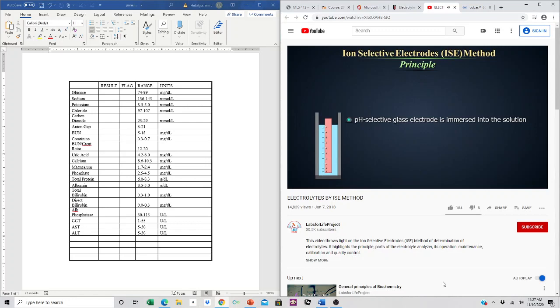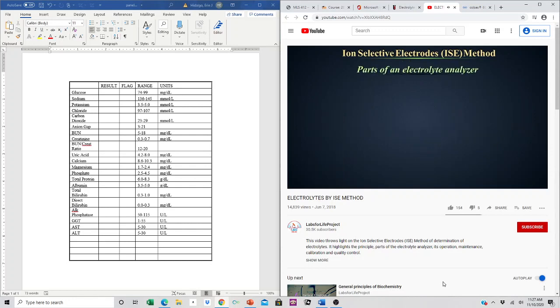When the ion-selective electrode is immersed into the solution, a potential difference develops between the inner and outer layers of the membrane of the electrode, which is related to the ionic concentrations of the solution. The voltage is theoretically dependent on the logarithm of ionic activity, according to the Nernst equation. Parts of an electrolyte analyzer.